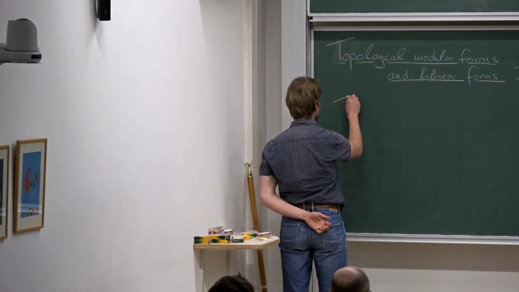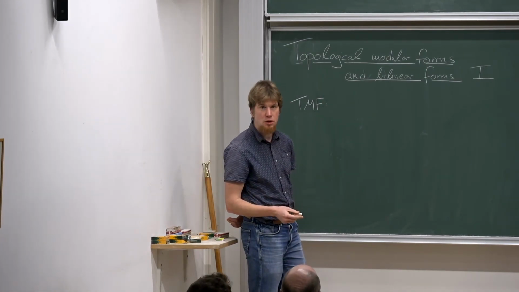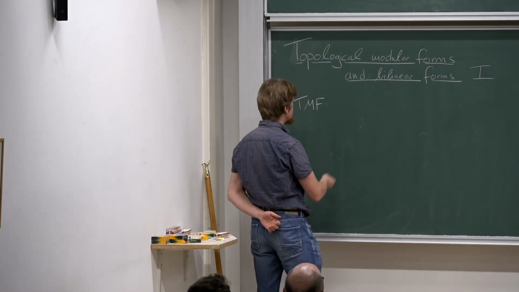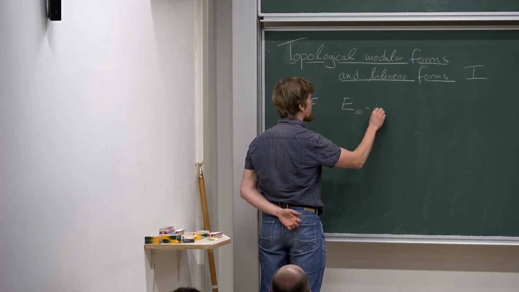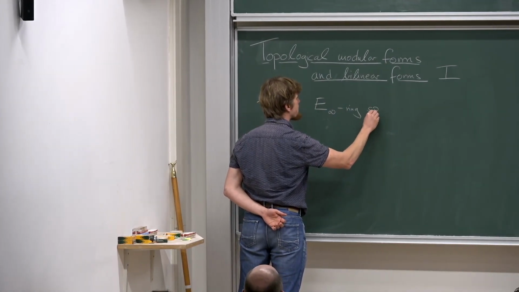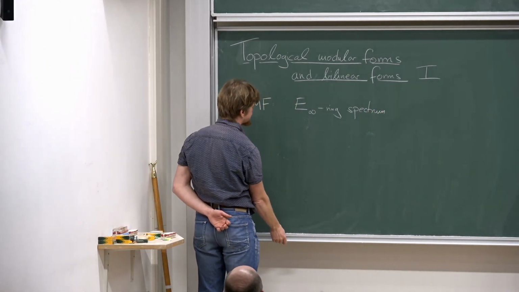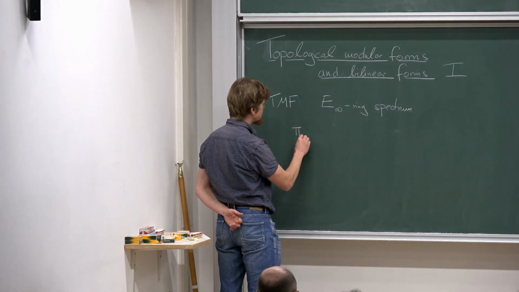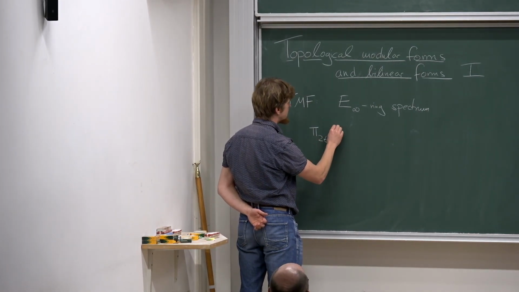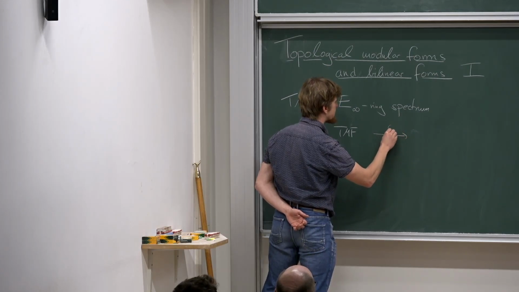And let me just give a very short picture of what it is, and I will say something more later in the talk. So TMF is a certain E-infinity ring spectrum. And it comes, or more precisely, its homotopy groups come with a certain homomorphism.